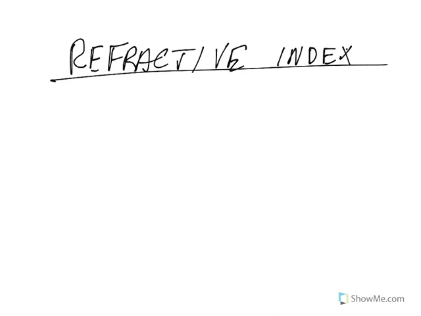Refractive index is basically the N, and it's the ratio of the speed of light to the speed that the light's travelling in that particular substance. So speed of light in a vacuum divided by speed of light in the material is the refractive index. And that goes in that little space under that little paragraph.